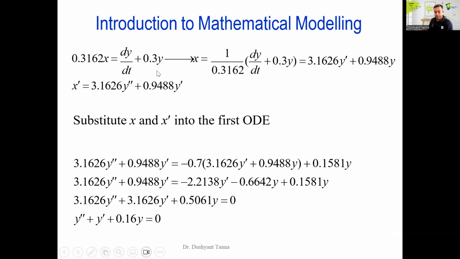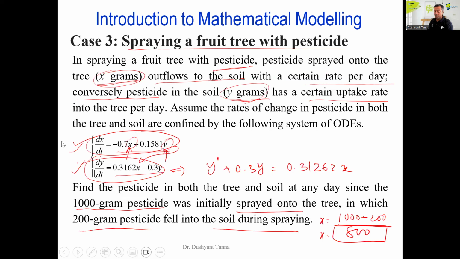This is what's been done here. So you got your x, again, you divide by 0.3162. So you got your x, we call dy by dt or y dash. So you got your x equation as this, but we got dx by dt here, okay?